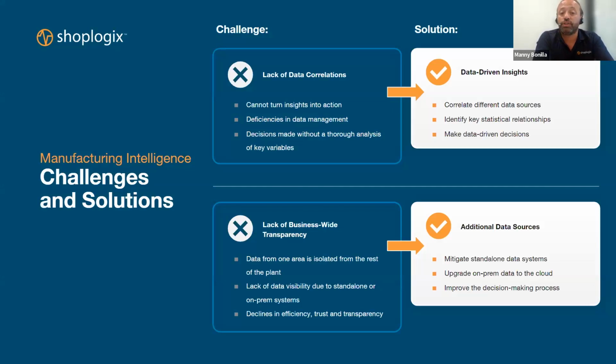So, challenges and solutions. We know, from lots of our customers we've talked to about this, that the lack of data correlations can take a lot of time for very smart people. Usually some of the best and smartest people in the organization are the ones tasked with finding the data insights, finding the opportunities for improvement, and then delivering on those opportunities.